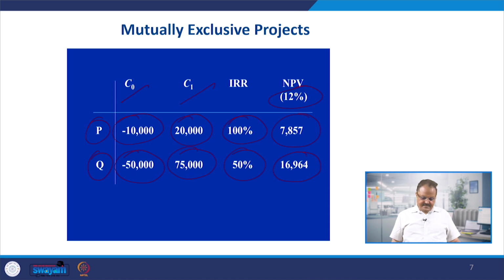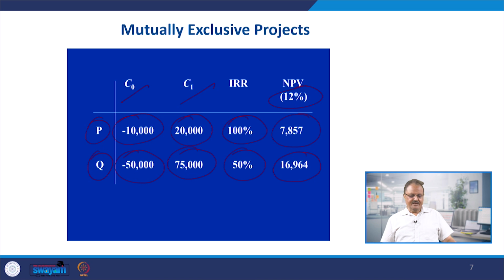So project R gives us a result that the internal rate of return is 100%. We are investing 10,000, we are getting 20,000, maybe the discounted value, and finally the return is 100%. In the second case, it is half, 50%, but if you look at the absolute value, there is a significant difference.